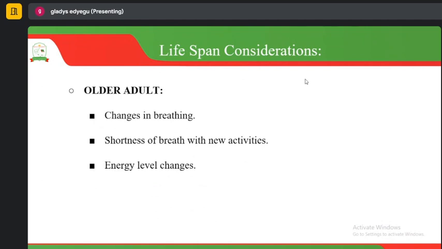diagnosis. And I've already mentioned shortness of breath with new activities. The person may tell you, when I try to do this, I feel I lose my breath. And there are a number of activities that they may present to you, and they tell you, I feel I cannot do it anymore because whenever I try to do it, I feel I cannot breathe, and so forth.